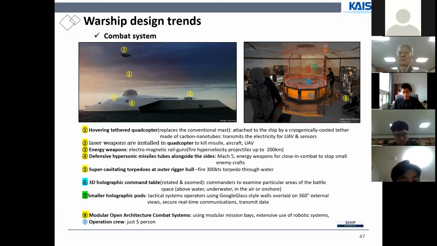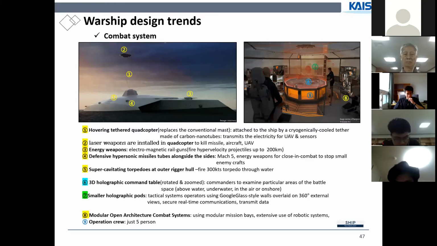In the many holes, the defensive hypersonic missiles, Mach 5, high energy weapons, and very close-in combat to stop small enemy craft. And supercavitating torpedoes at outriggers.